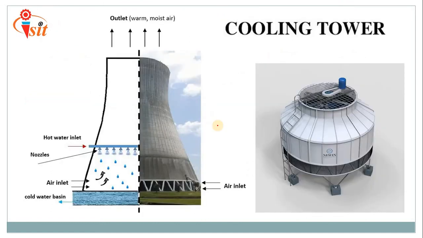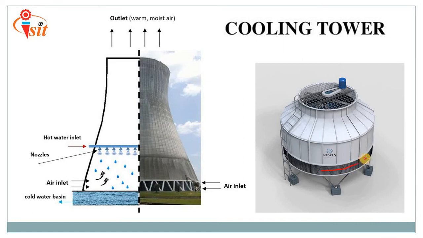So there is one element which is always coupled with the condenser, that is the cooling tower. The cooling tower plays a most important role. There are various types of cooling towers available. Here I specially mention the natural draft type of cooling tower, where the water gets cooled in a natural way. Various vents are provided for entering the air.